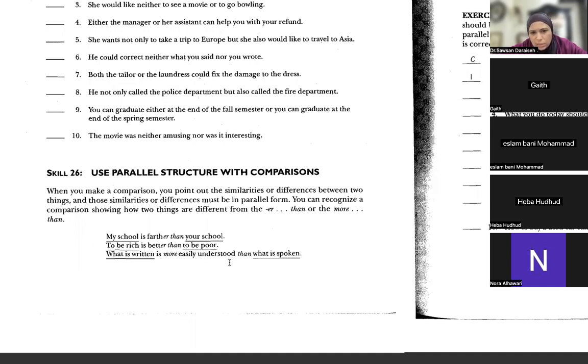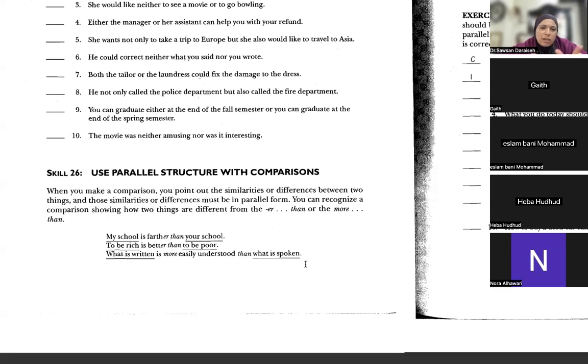Easily understood يعني يفهم، أو أكثر مفهوم. Is more easily يمكن فهمه بشكل أفضل than what is spoken. What is written is more easily understood than what is spoken. Do you agree or disagree?